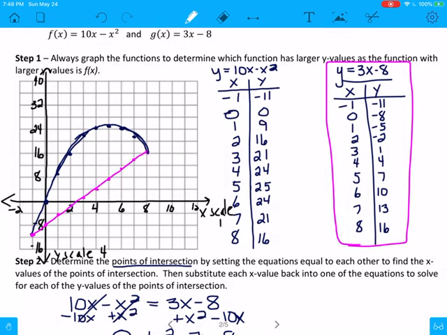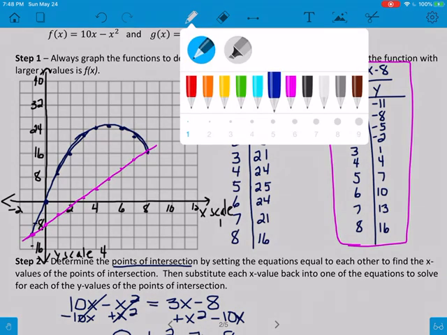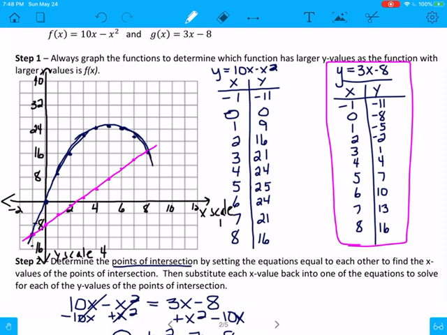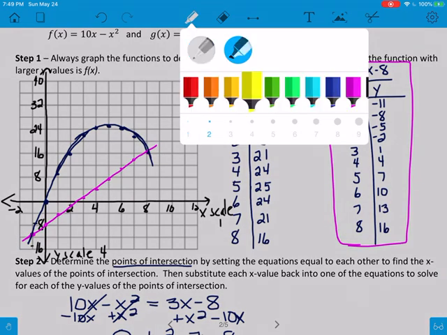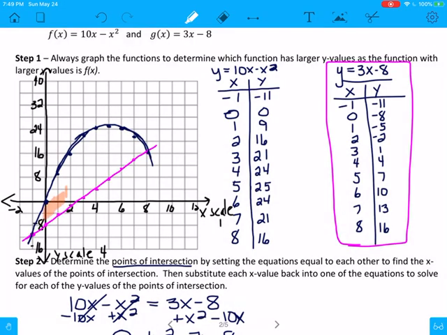Okay, so that's where they would, this one would keep going, but we don't care about it. The blue one would keep going, but we don't care about it because we just want the area where they are enclosed. So that's why we have to find their intersections. So when you look at the area that they're enclosed by, it's this area here.